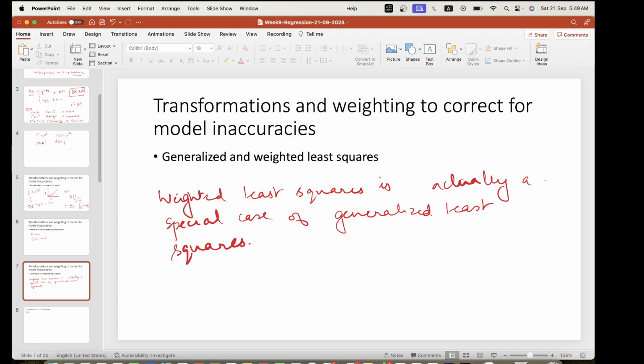So this is actually a generalized least square method. Now, what do we mean by generalized least squares?